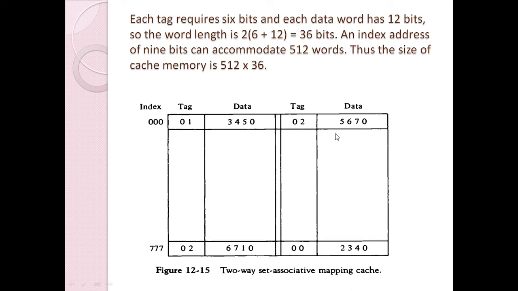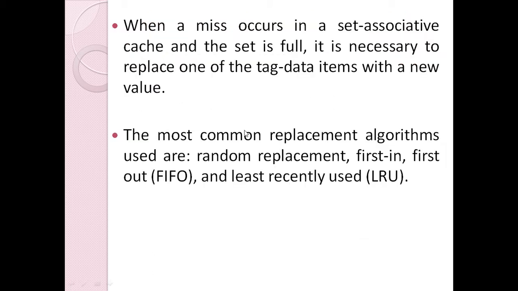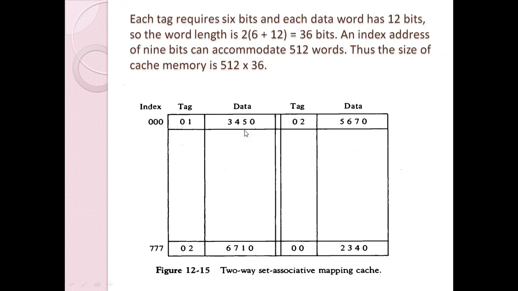At the same time, we can store two data, 01000 and 02000. If the index is the same and tags are different, then we cannot store multiple data in direct mapping, but here we can store two. Similarly, you can also do this for 3, 4 and so on, but that has some cost.